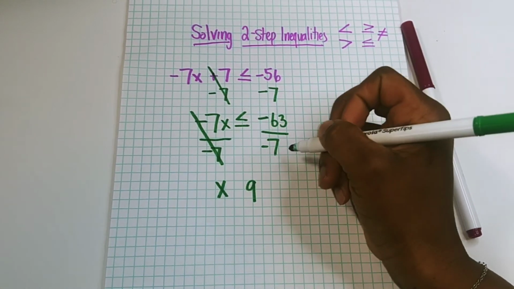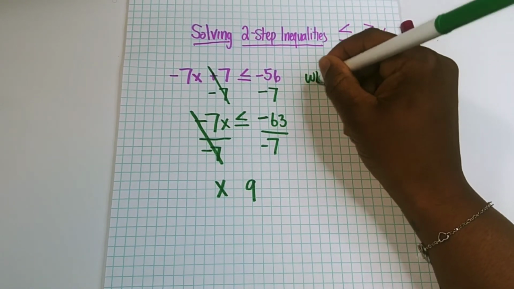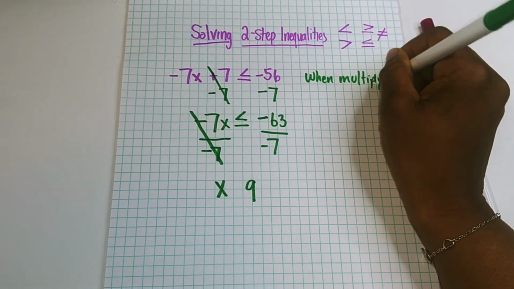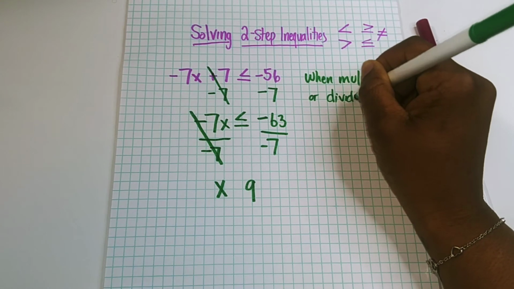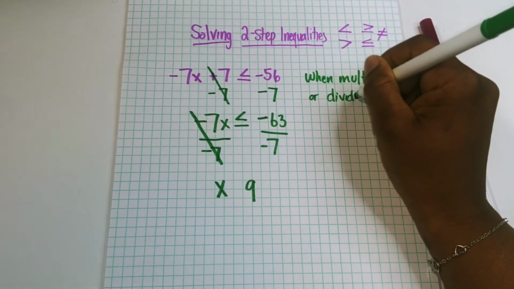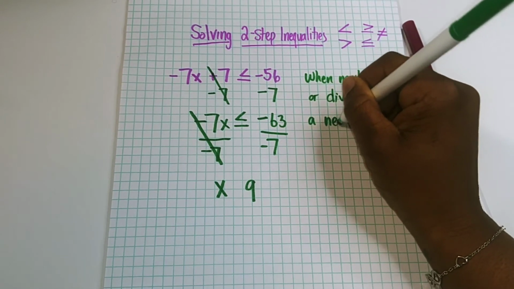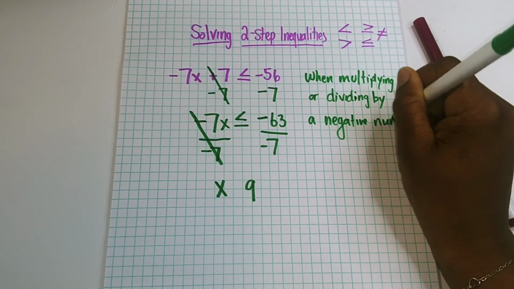Now, if you notice I paused, here is where we need to be careful. Again, when multiplying or dividing by a negative number, you should know this by heart now.